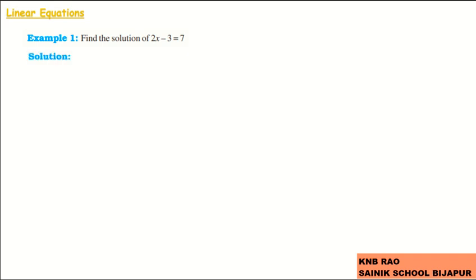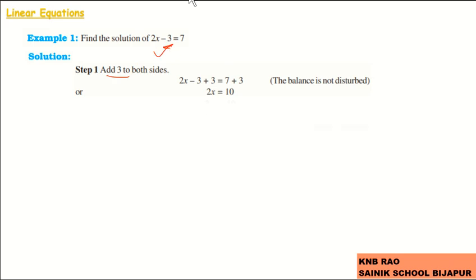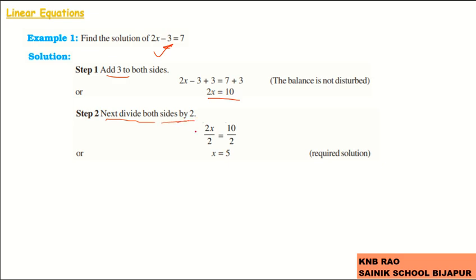Either you use the technique of balancing, that is, adding 3 on both sides, because here we have 3 as a subtrahend. To remove that, we add 3 on both sides. After that, you will get 2x equals 10, and to remove this 2, which is the multiplicand, divide both sides by 2. Thus you will get x equals 5.